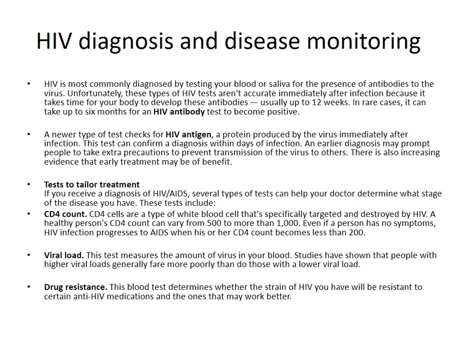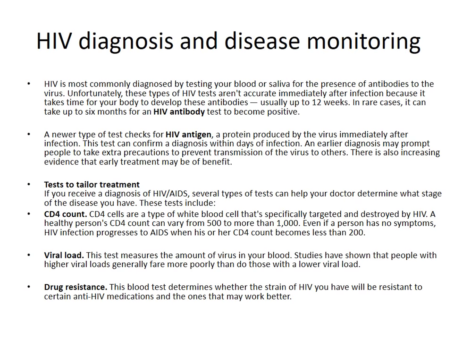Therefore, if you measure the amount of these cells present in the blood, you may get some indication of disease progression. So CD4 cells are a type of white blood cell that's specifically targeted by HIV. A healthy person's CD4 count can vary from 500 to 1,000. Even if a person has no symptoms, HIV infection progresses to AIDS when his or her CD4 cell count goes below 200.